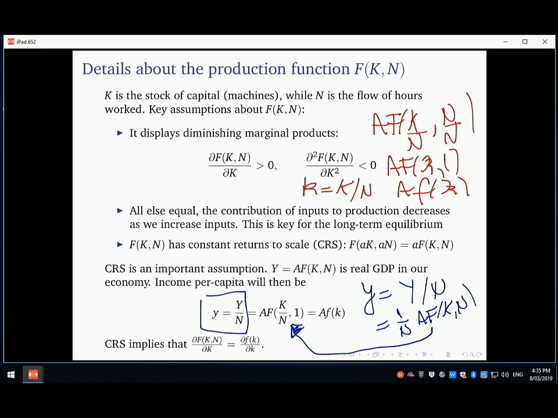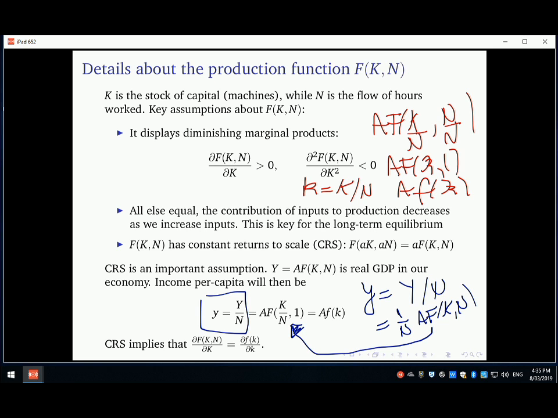I don't understand why over n is... So, do you understand the concept of capital per capita? Yes, so Y over N is output per person, right? Or GDP per capita.